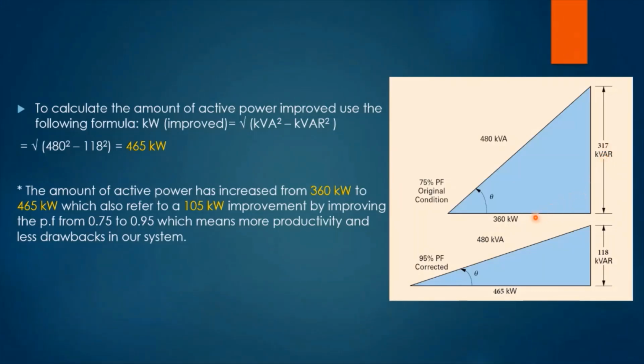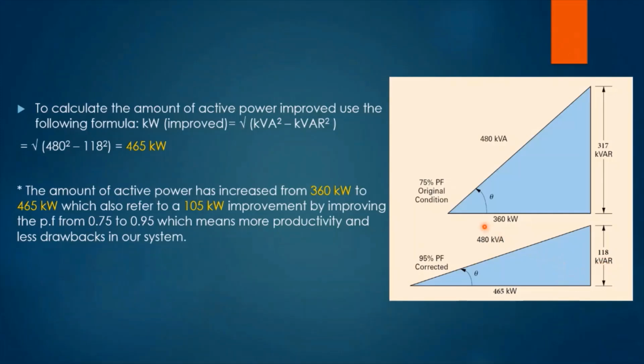When we corrected the power factor to 0.95, we actually minimized this angle. And as mentioned before, minimizing this angle means also minimizing the reactive power. So we can notice here that there is a significant change of the reactive power from 317 to 118, which is a 199 difference.